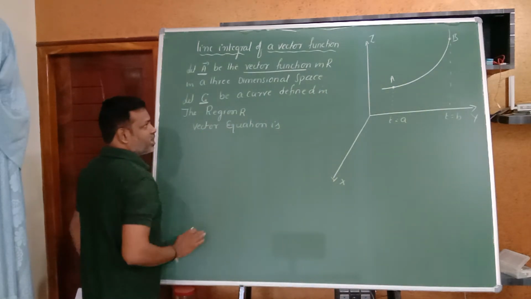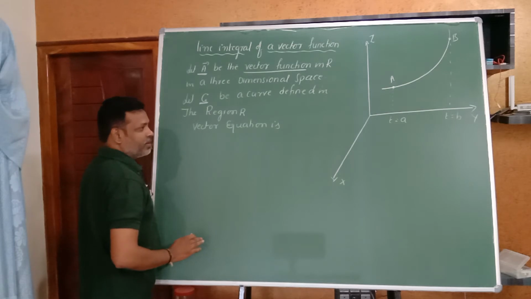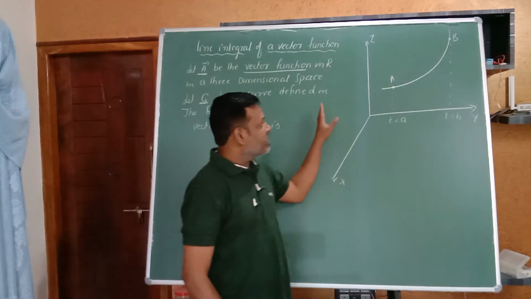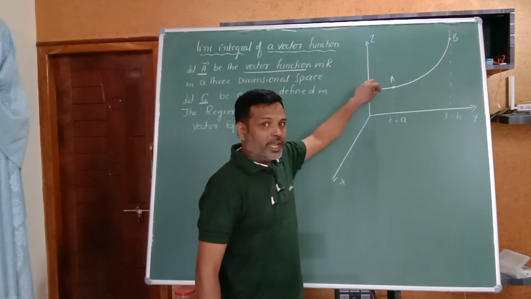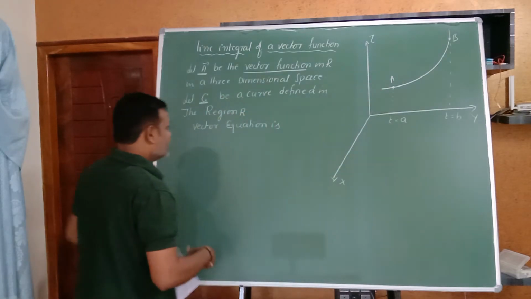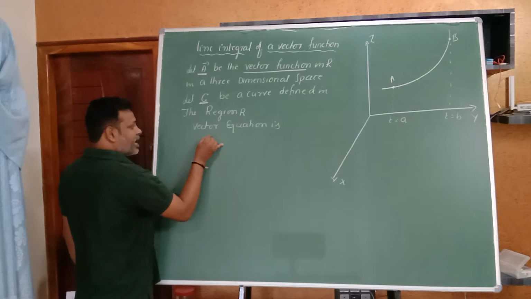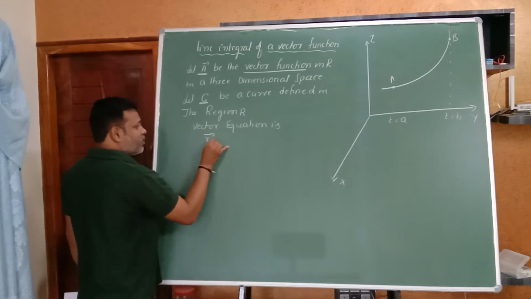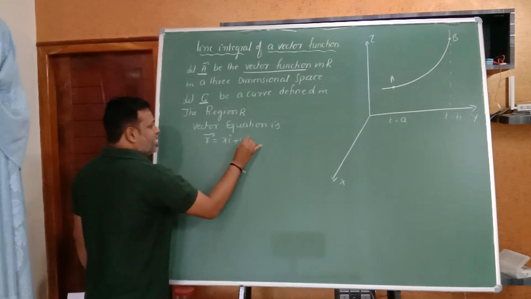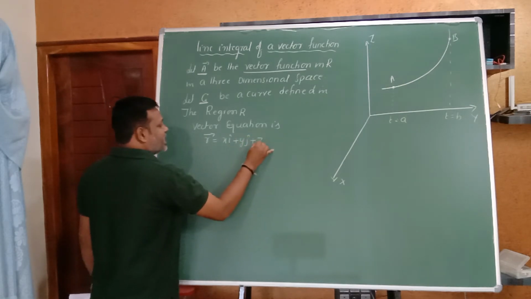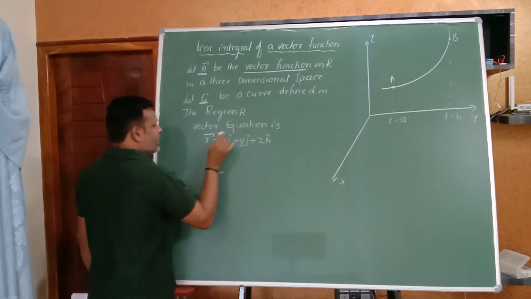Right now we have to write the vector equation. This vector is in a three-dimensional space, therefore we want the x coordinate, y coordinate and z coordinate. Therefore, the vector equation is denoted by the R vector. R vector is equal to x into i cap plus y into j cap plus z into k cap. This is very important.